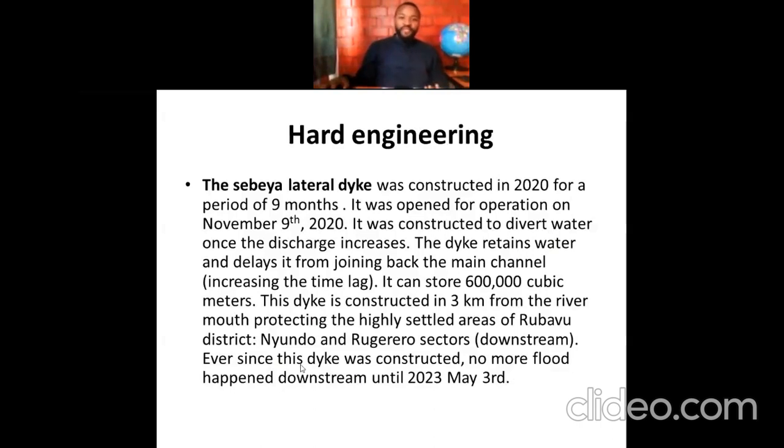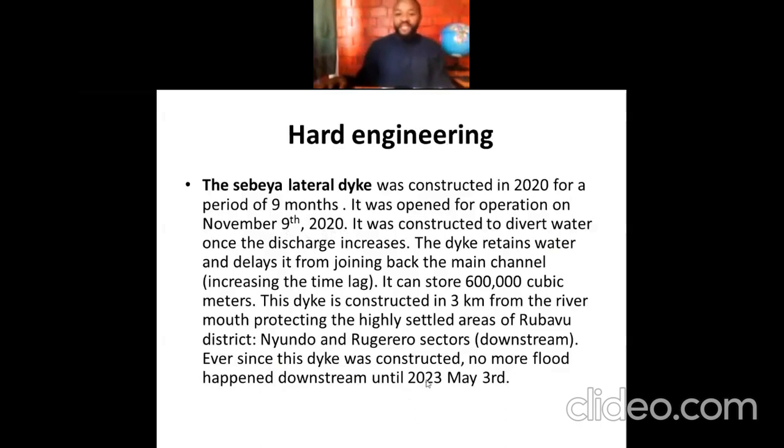And this dike has been very helpful from its opening on November 9th, 2020 to May 3rd, 2023. It has been protecting people from flooding.